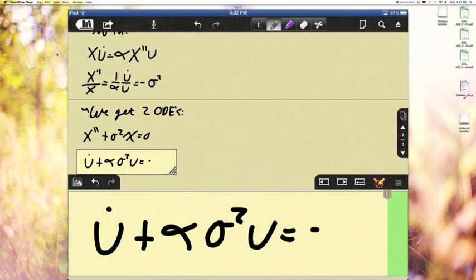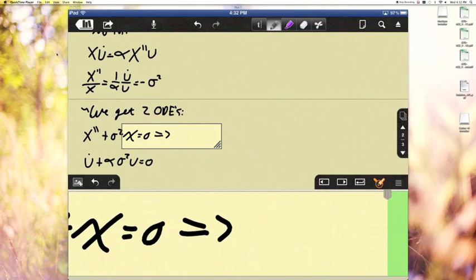So that's very, very simple. And we know just by solving these, I'm not gonna solve these particular expressions. You can go ahead and solve these by means of making the assumption that X and U are equal to e to the, so on, so on. Plug that in, and then you can figure out what the solution is.